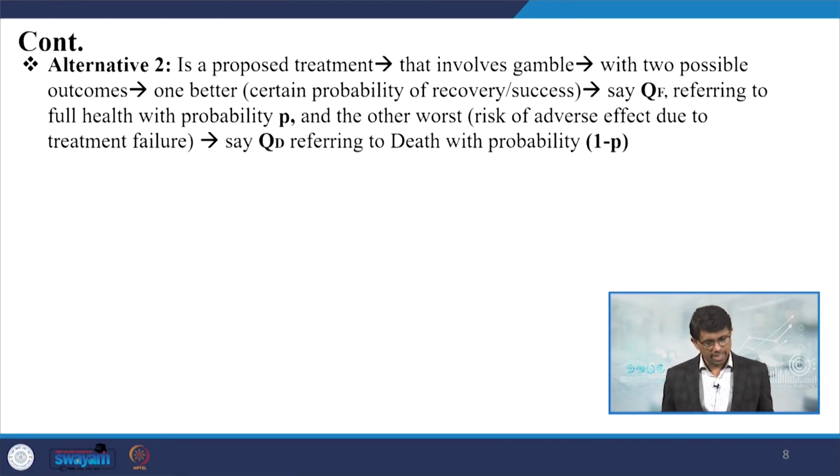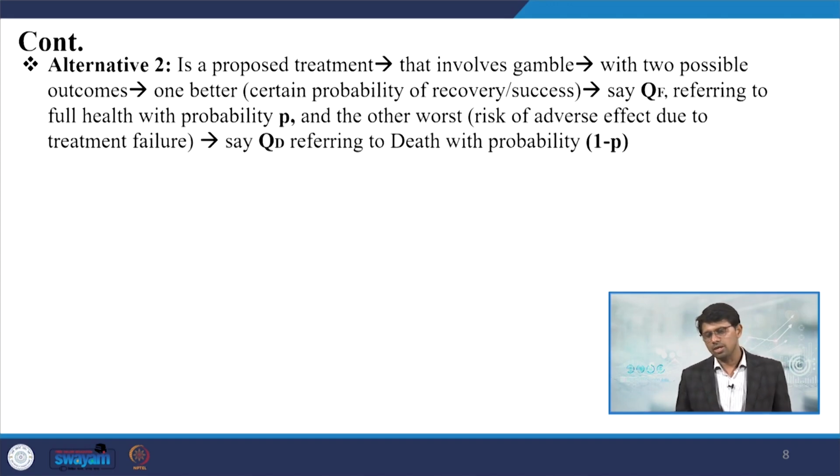The second alternative is a proposed treatment that involves a gamble with two possible outcomes, one better, with a certain probability of recovery and success. So, say it is QF referring to full health with probability P, and the other is that the health condition might be worse, or it has a risk attached.